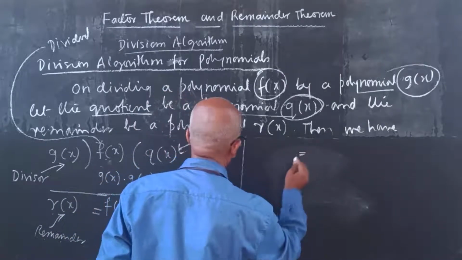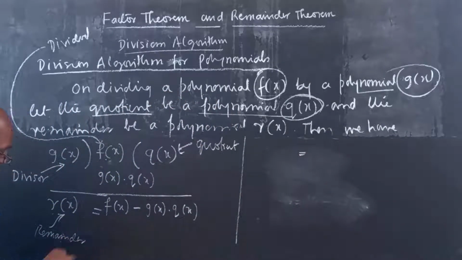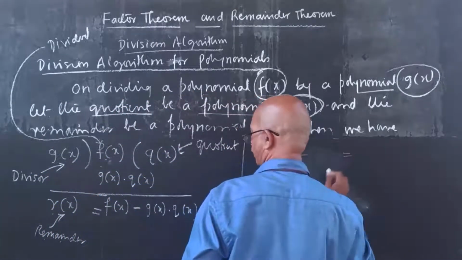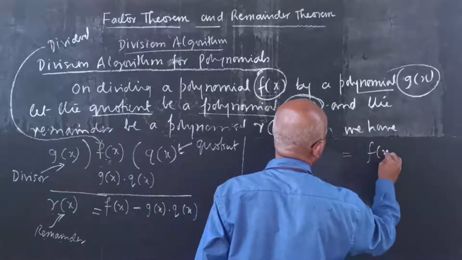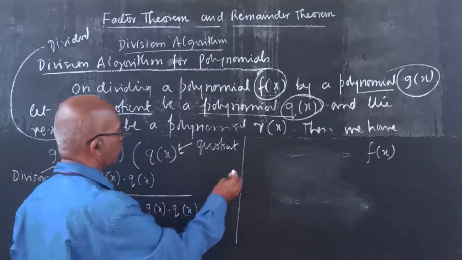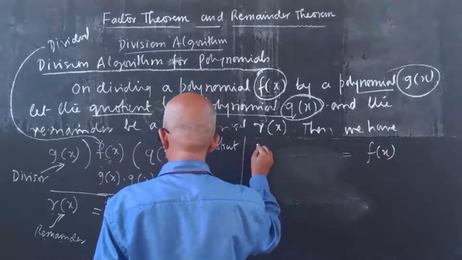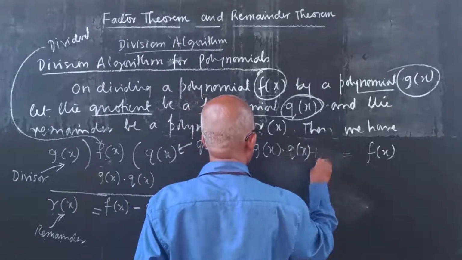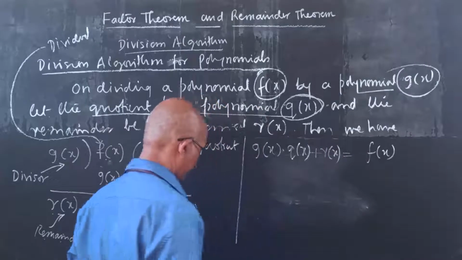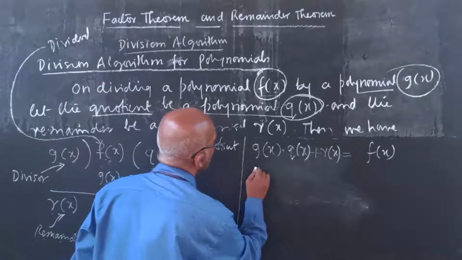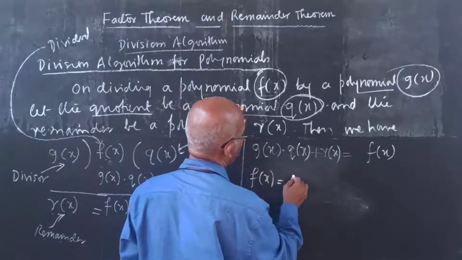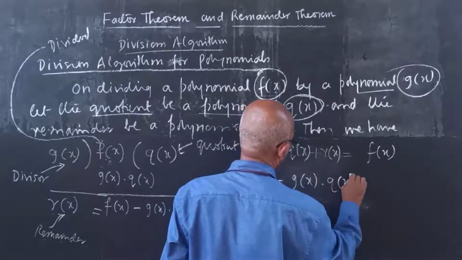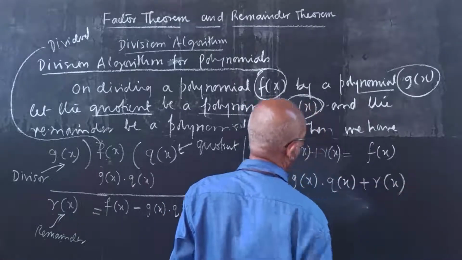Similarly, you can write, now I want to find the remainder. So r(x) is equal to f(x) minus g(x) into q(x). Now keep f(x) there only, and transpose this term to the other side. So we'll get g(x) into q(x) plus r(x). Conversely, we can write f(x) is equal to g(x) into q(x) plus r(x).